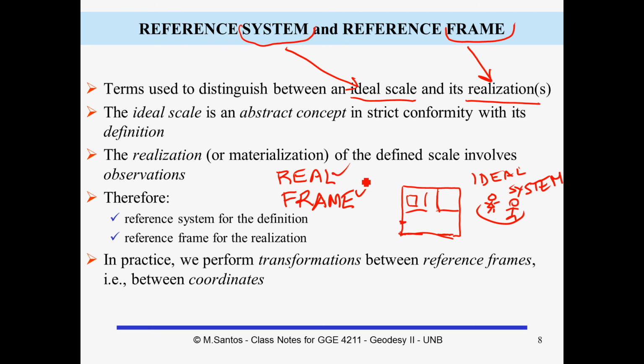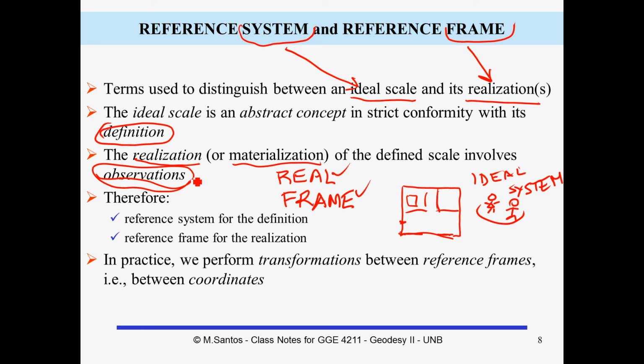So the system may not necessarily be 100% satisfied by the frame, because we are taking an ideal idea and making it reality. So here's the thing: the system has to do with the definition of that abstract concept, and the realization or materialization will happen in our case in Geodesy when it involves observations.